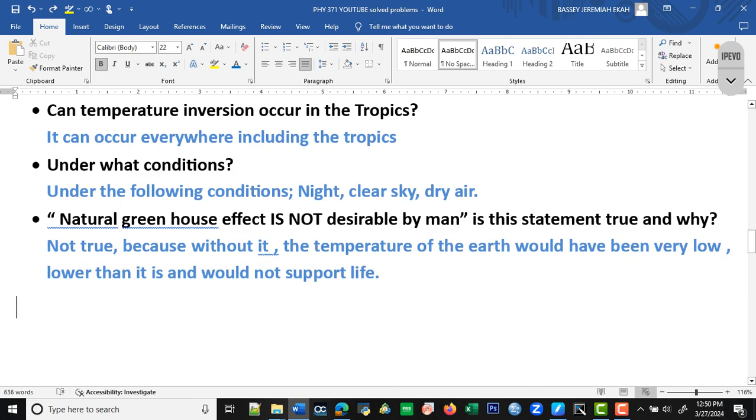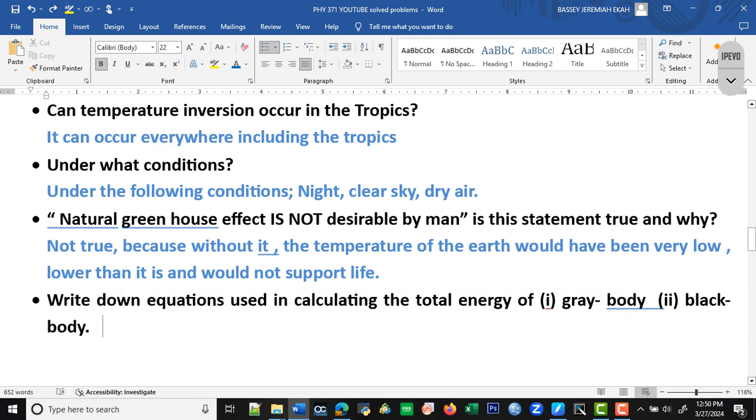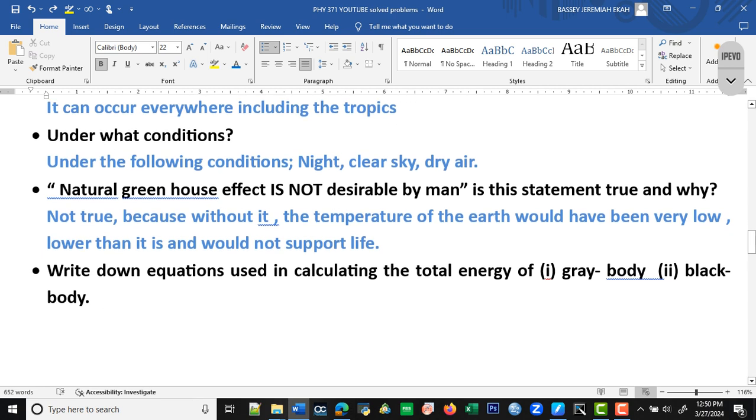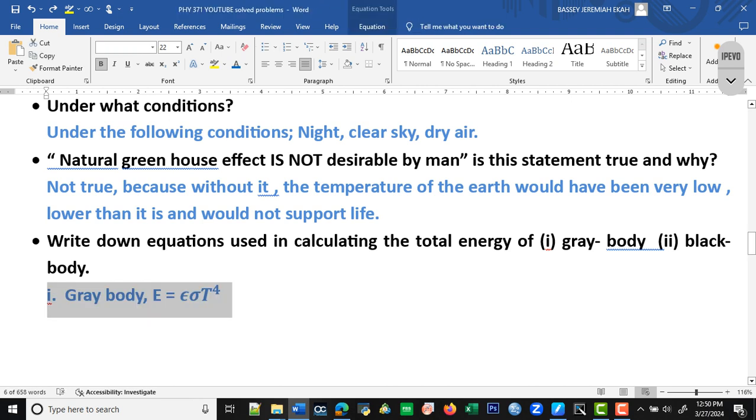Okay, so let's move on. This one says, write down equations used in calculating the total energy of a gray body and a black body. We are not to calculate, we are just to write the equations. For the gray body, the total energy E equals epsilon sigma T to the power 4.